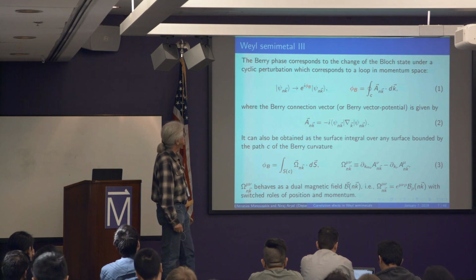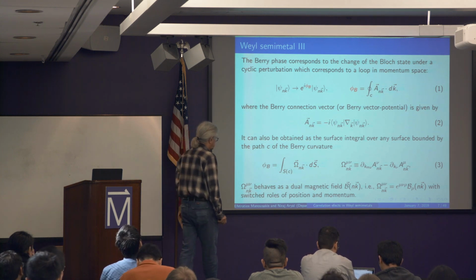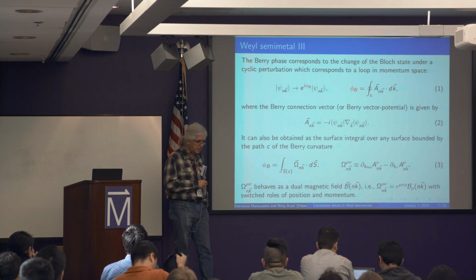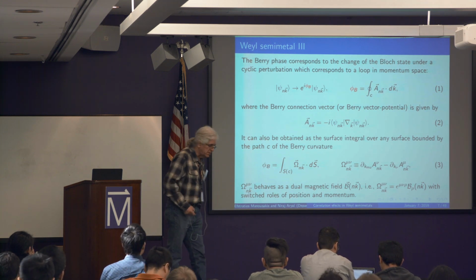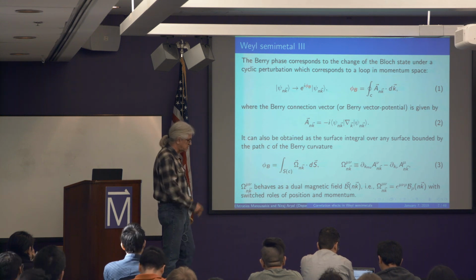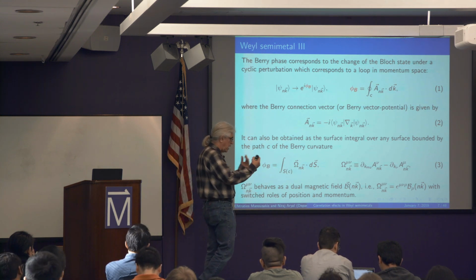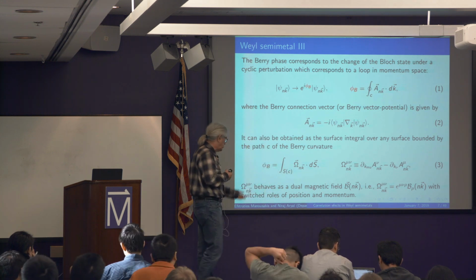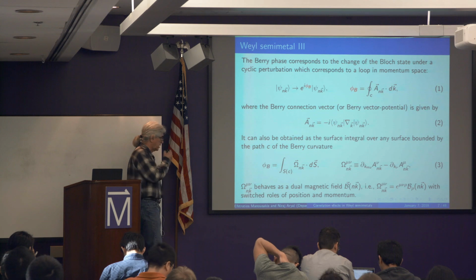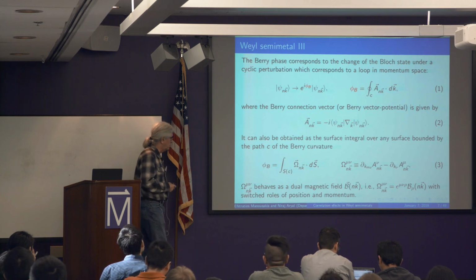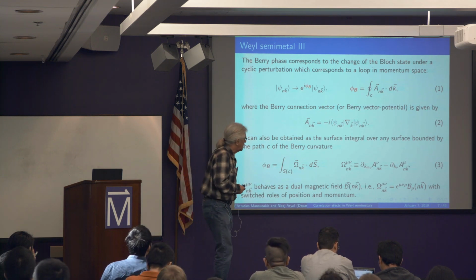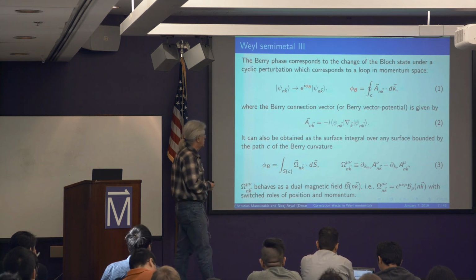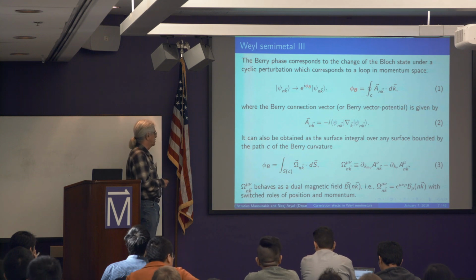So when you follow the Bloch state in momentum space, you can rewrite this line integral in terms of a surface integral over the surface that's bounded by this closed path. And when you do this using Stokes' theorem, then you encounter, of course, the Berry flux, or the Berry curvature, which is the curl of this vector potential.